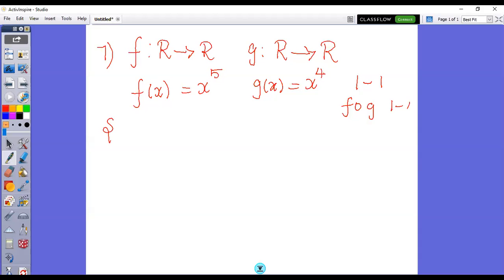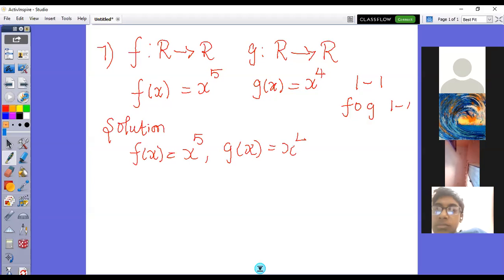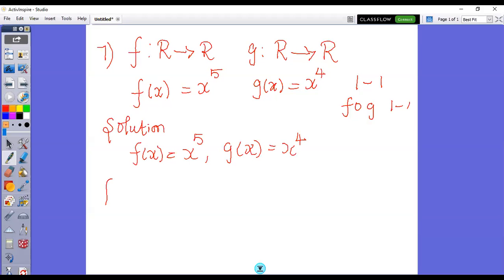Solution. First, given f of x equal to x power 5 and g of x equal to x power 4. First, to find f composite of g of x, remove the composite: f of g of x. Here g of x is x power 4, so let us write x power 4.